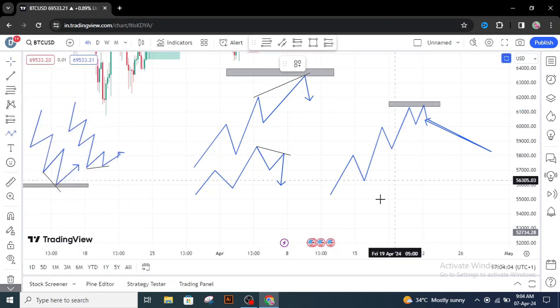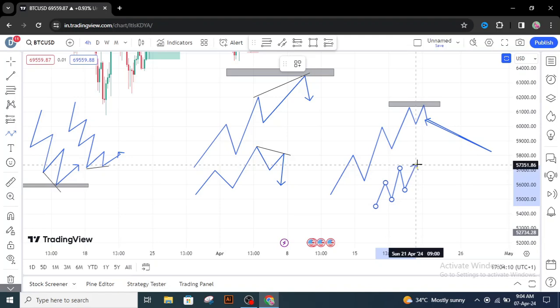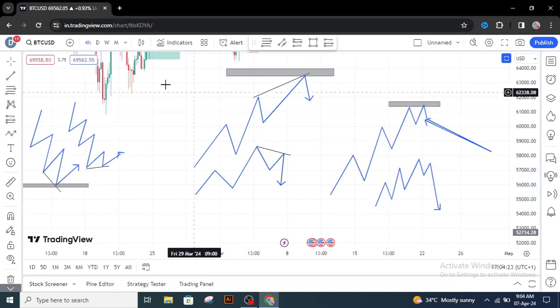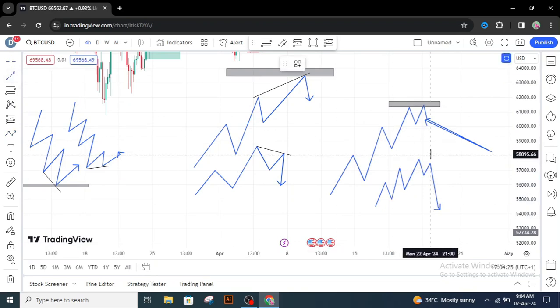My RSI is showing me higher high, higher low, higher high, higher low, higher high. But instead of making another higher high, it shows me something like this. I'm seeing this divergence like this.